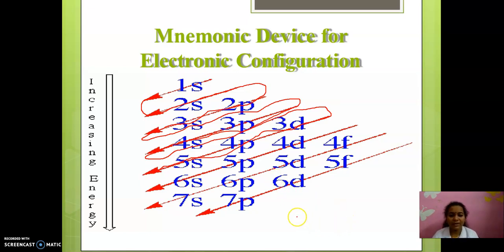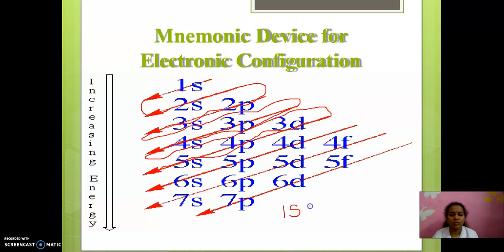Okay, then how can we write the configuration here? So let's check. We know that first is 1s. So first we have to write 1s. Then which one is there? 1s, 2s.